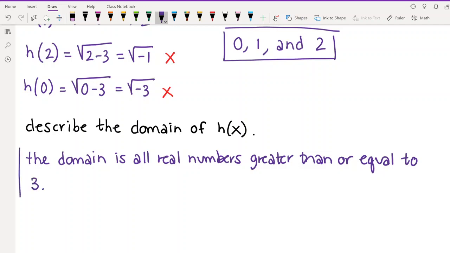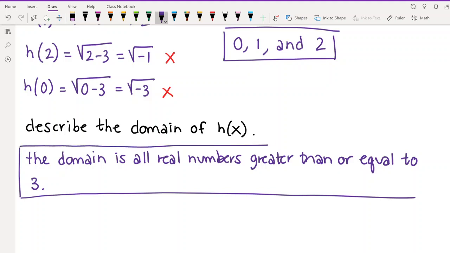Because we saw that it's okay to plug in 3. That gives you square root of 0. That's fine. It's when you get a number that is less than 3 that things go awry. So we need to make sure that we're plugging in numbers that are greater than or equal to 3, and so that's our domain.